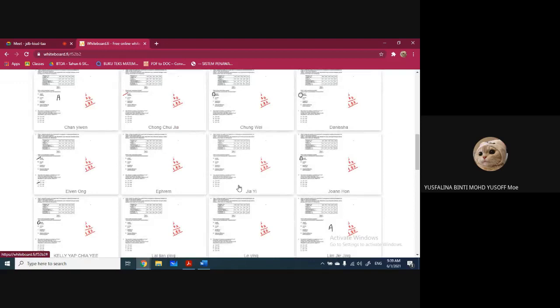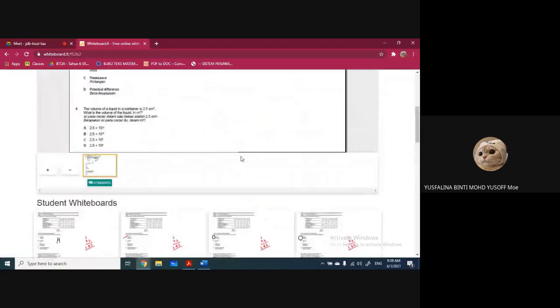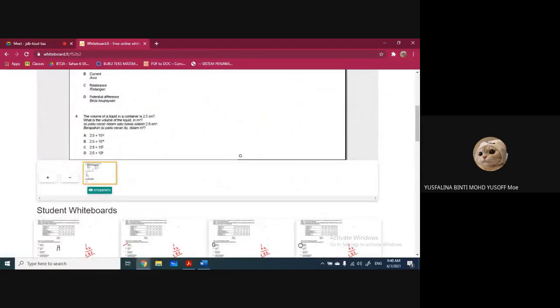Number three A, number four. For this one you have to change centimeter cube to meter cube.